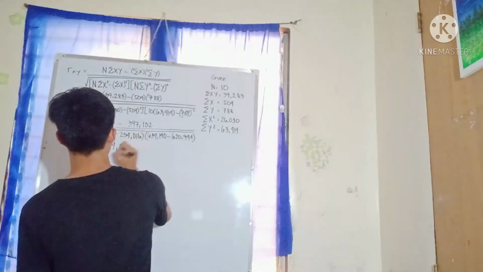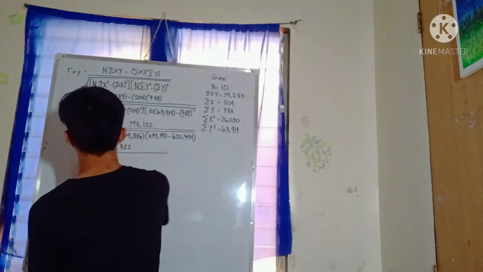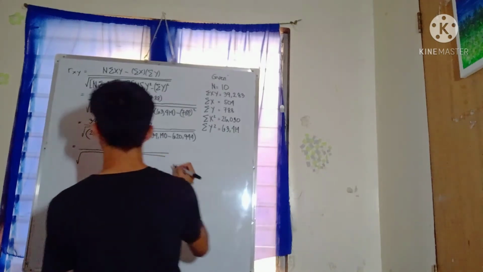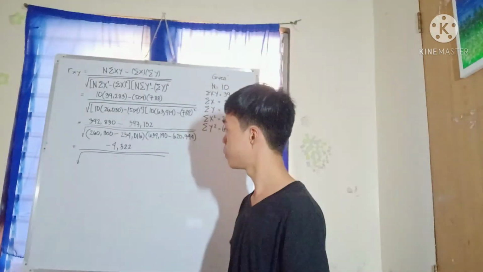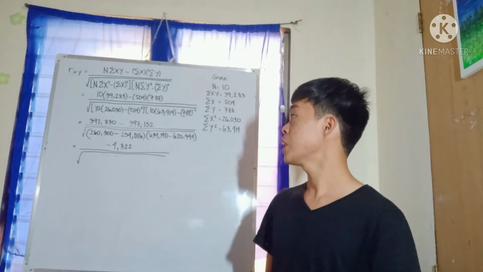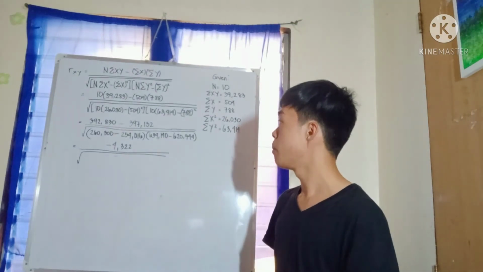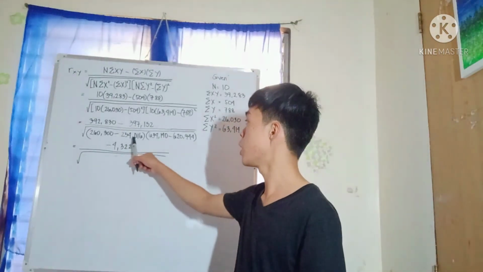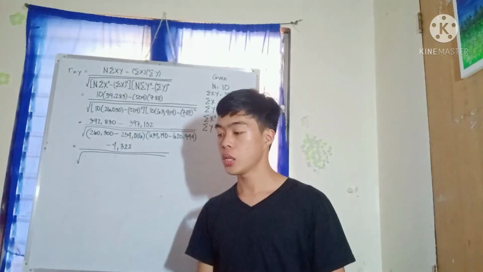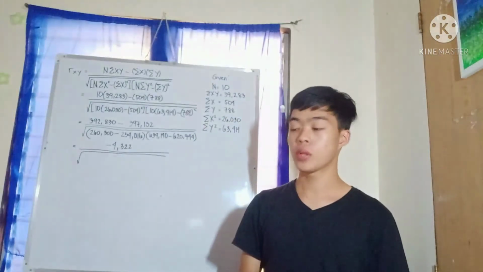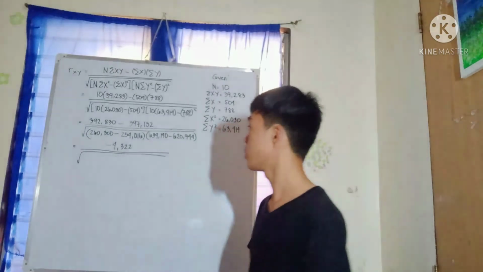Over the square root of 260,300 minus 254,016, which is equal to 6,284.